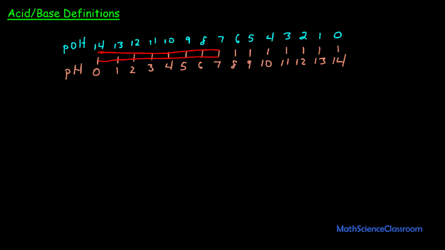From greater than 7 on the pH scale, we have base. And for the pOH, it's the inverse. And remember, at 7, we are neutral. So we have a neutral value.